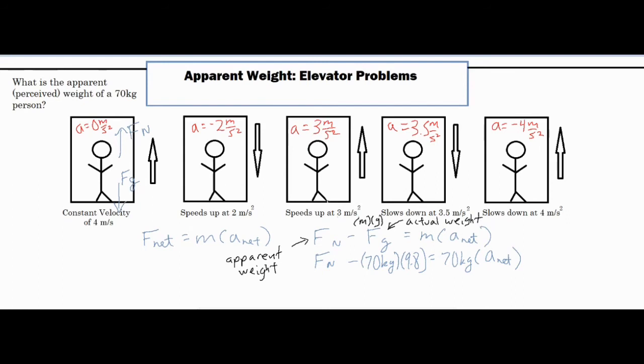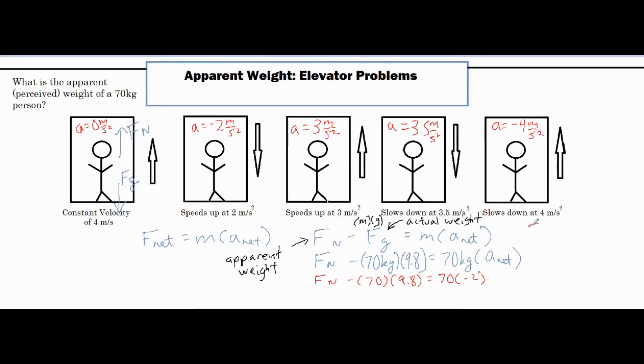So say, for example, we were working out this scenario over here, speeding up at 2 meters per second squared. All we would do is we would set up Fn, subtract 70 times 9.8, and then set that equal to 70 times negative 2.